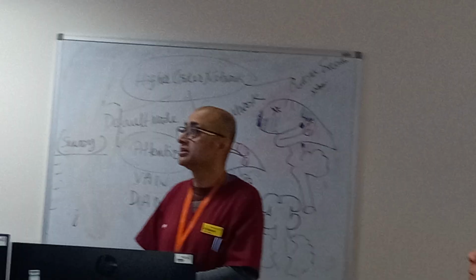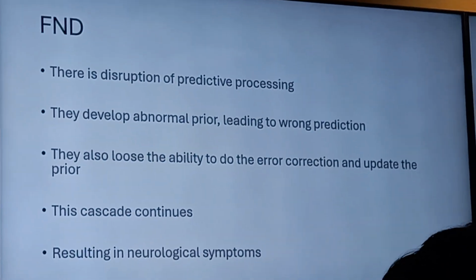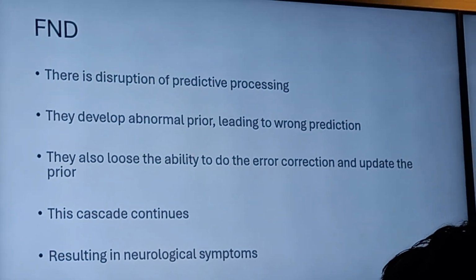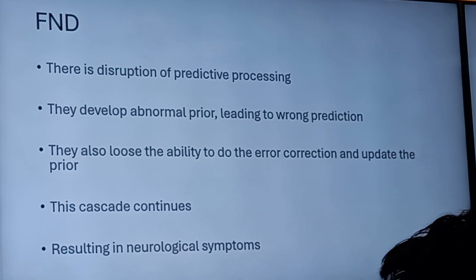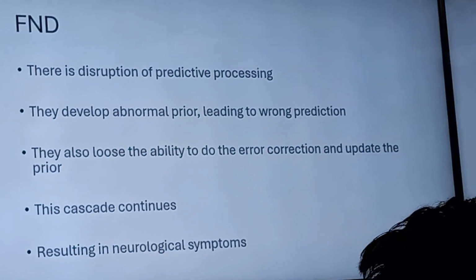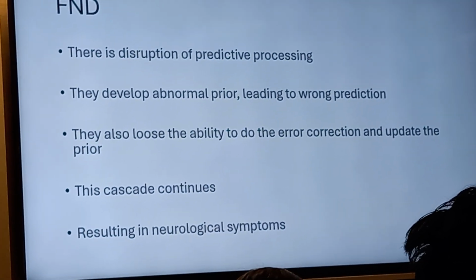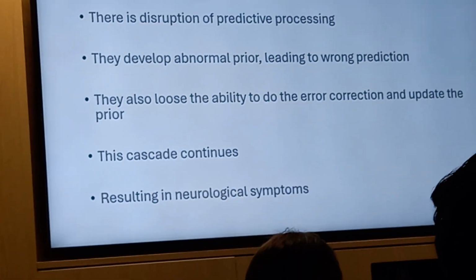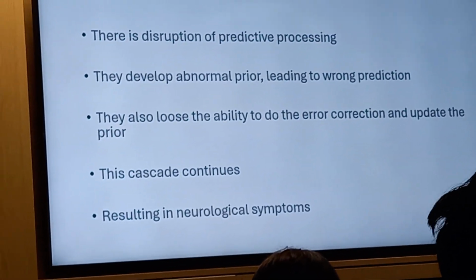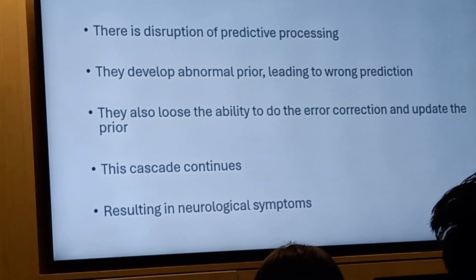Okay, next. So what happens in functional neurological disorder? Somehow, because of either your previous experience in life or you are genetically more prone, whatever might be the case, you have disruption of the predictive processing.